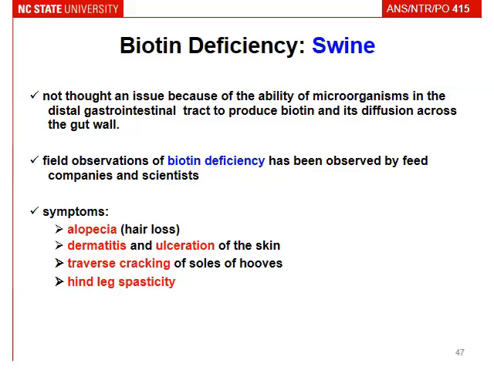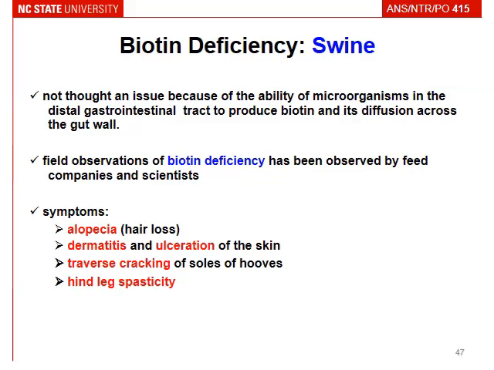Most of the field observations that we've seen with biotin deficiency are more induced. We intentionally left biotin out of the feed. And when we've done that, we see alopecia, or hair loss. You get dermatitis, just like you see with the poultry, and ulcerations of the skin.